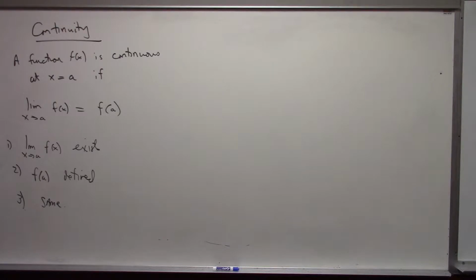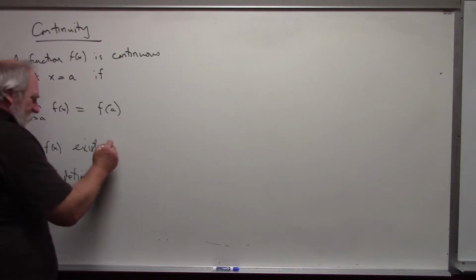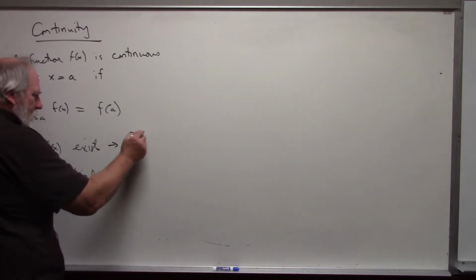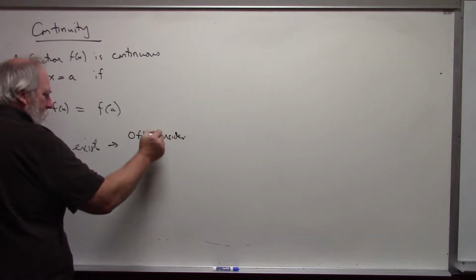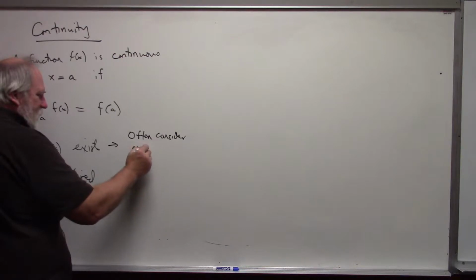Okay, we talked about some existence issues with limits before. So this is how we have continuity. Remember, for the limit to exist, often you must consider one-sided limits.